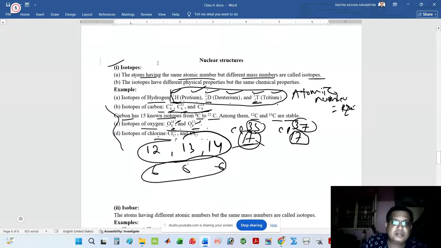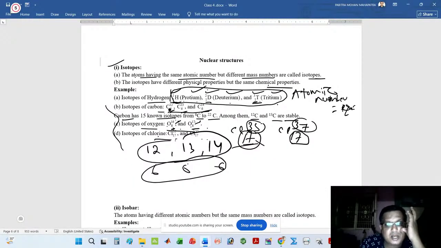If you think about the physical and chemical properties of isotopes, remember that each isotope has different physical properties, but the chemical properties of each isotope are the same.